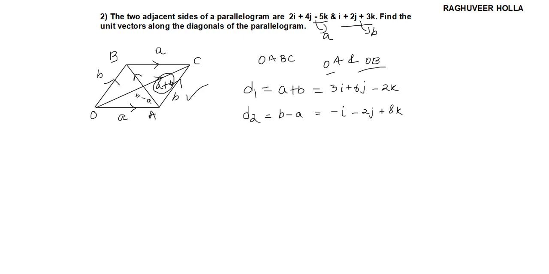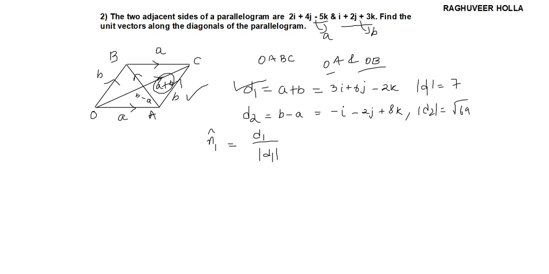Now for the required unit vector, if I consider n1 with respect to d1, that would be d1 divided by mod d1. So mod d1, if I calculate that, I get 7, and mod d2 I get as root 69.